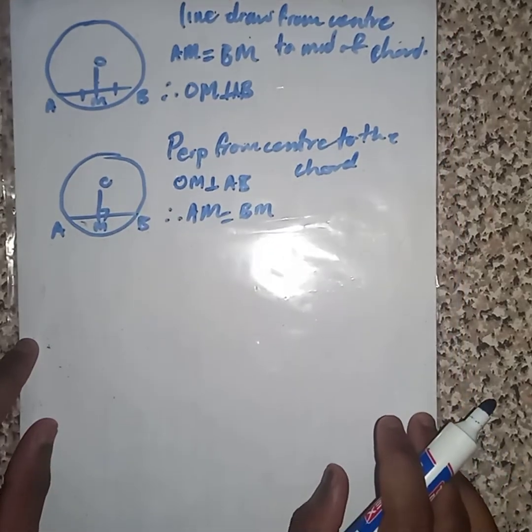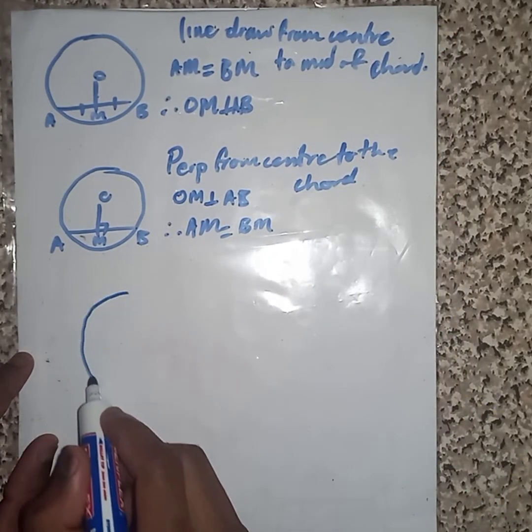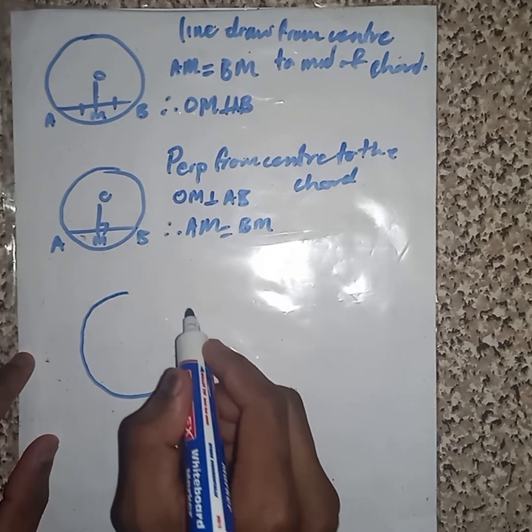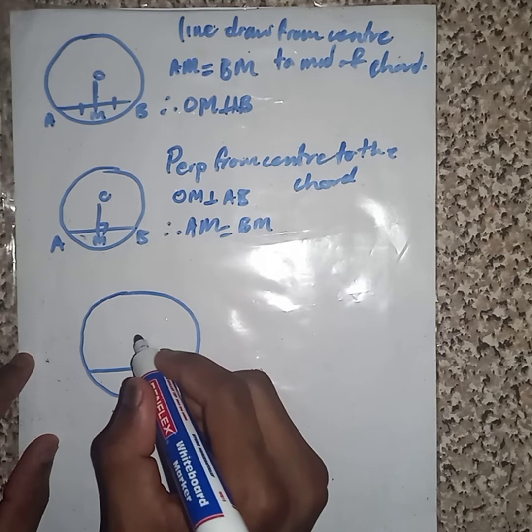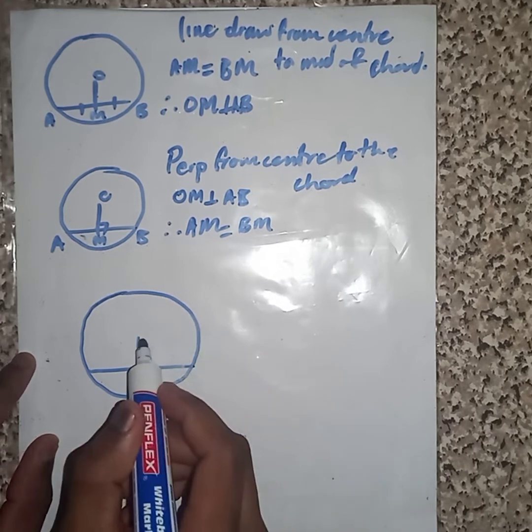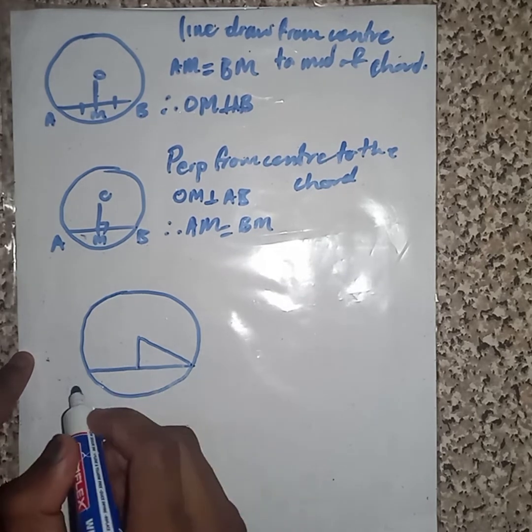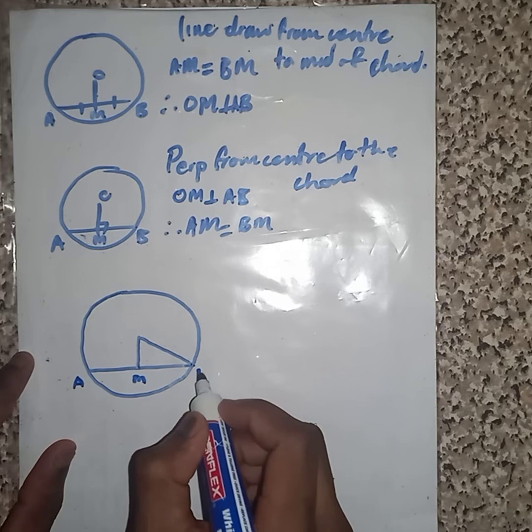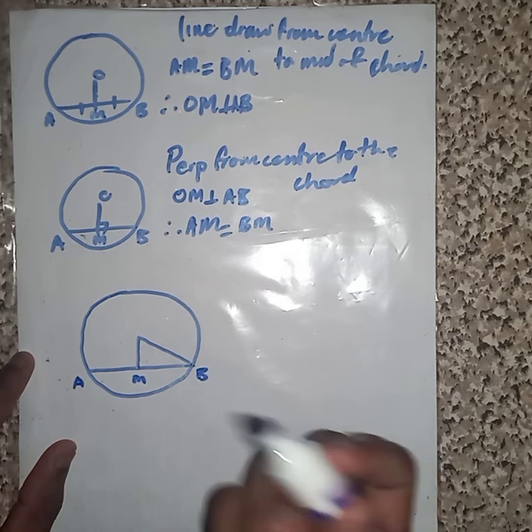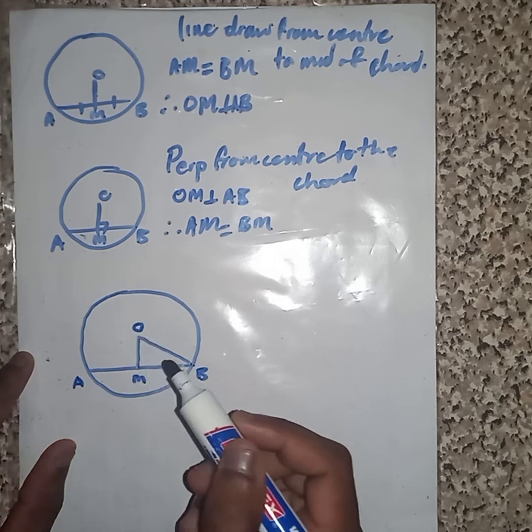Suppose I give you a diagram like this. Let's say I give you A, M, B. Then I say I have O somewhere here.